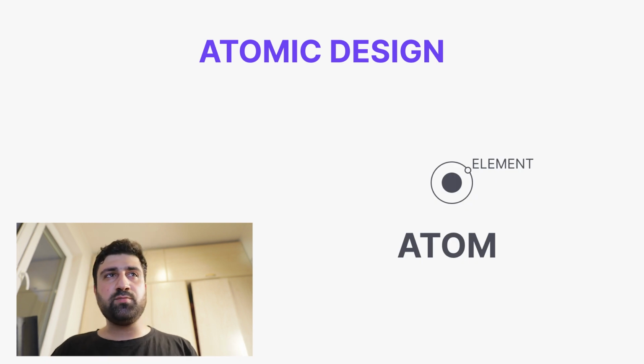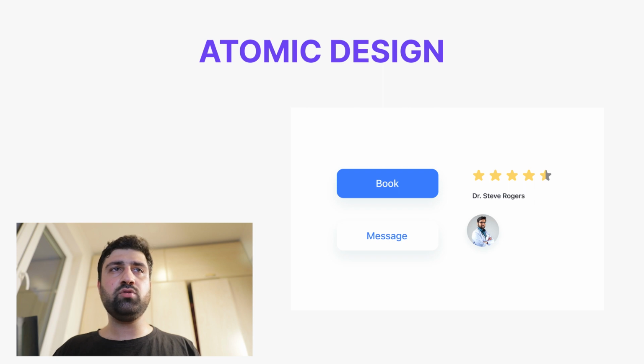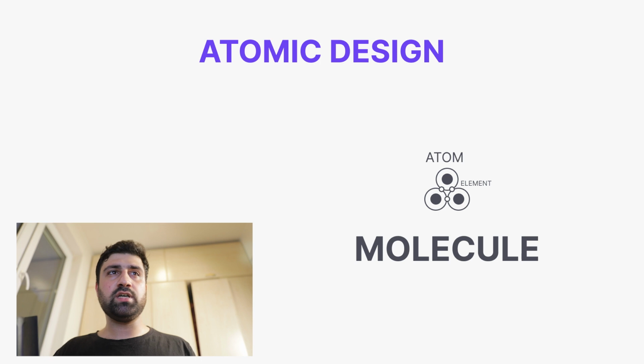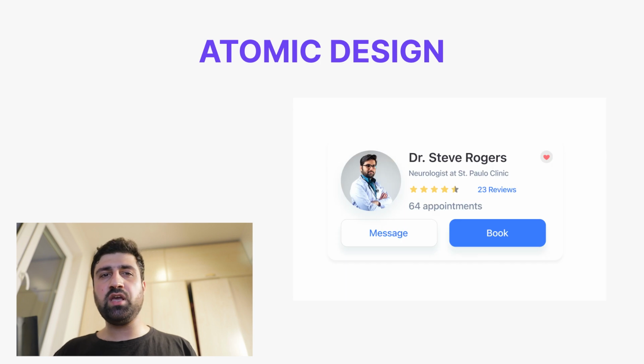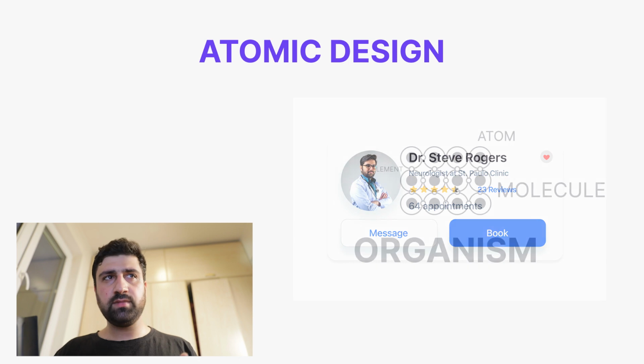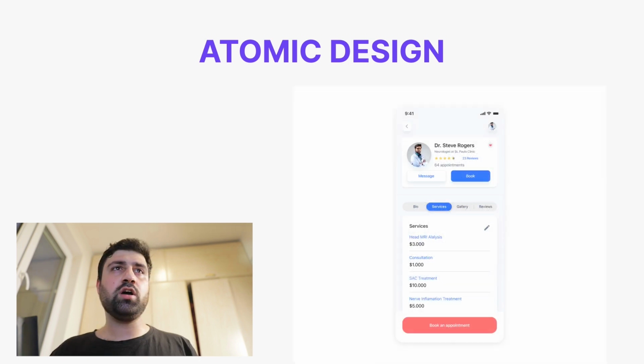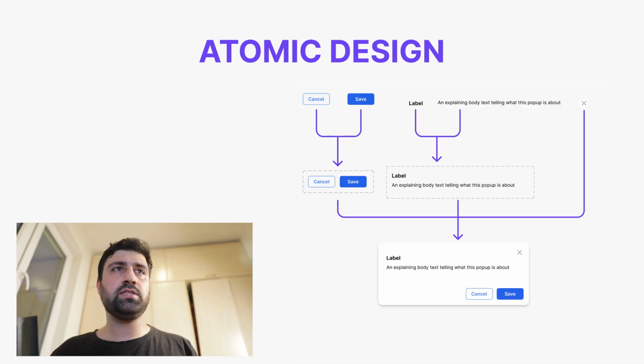Atoms are the smallest functional UI components such as buttons, inputs, labels, switches, etc. Molecules are a combination of atoms that form more complex UI components, such as navigation menus, product cards, forms, etc.